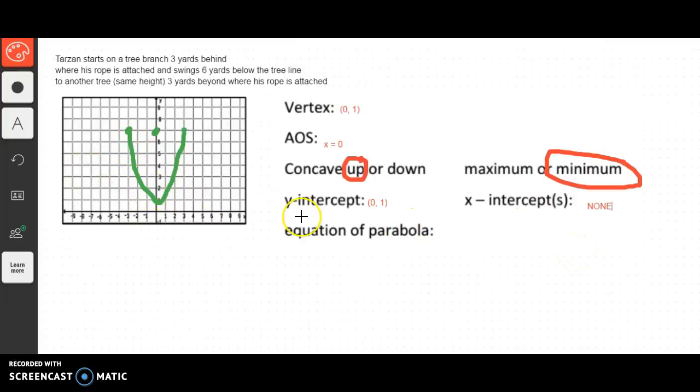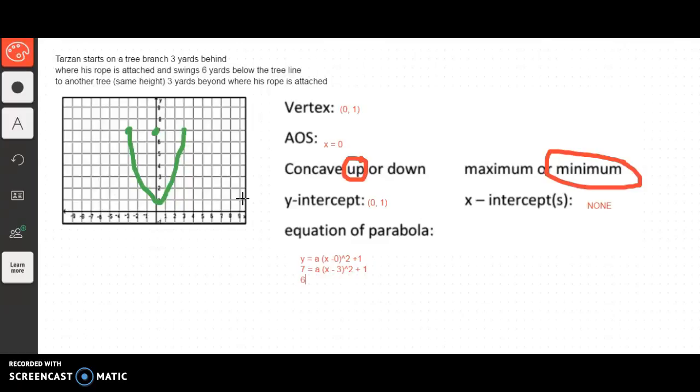Okay. And then the equation, we can find it by doing very similar things. y equals a times (x minus 0) squared, because it wasn't shifted anywhere, plus 1. If I want to find a, then I have to use one of the starting points that I started with, which is (3, 7). So 7 for y, a times (x minus 3) squared plus 1.